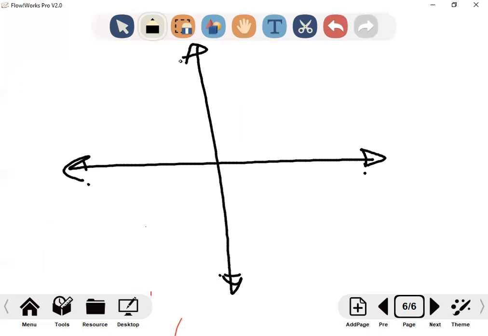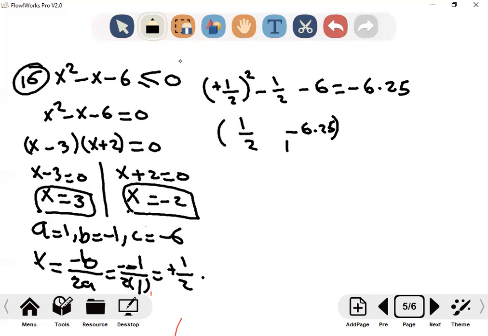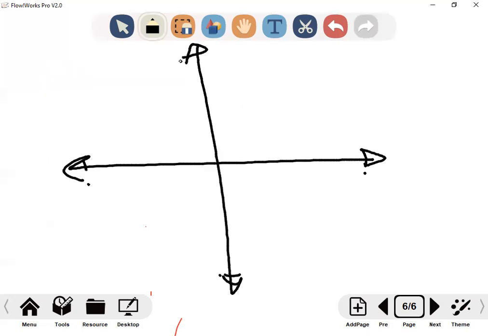First, we plot the vertex, right? The vertex is what? Half and negative 6.25. Half is between 0 and 1 here, right? Negative 6.25 is between negative 6 and negative 7, but close to negative 6, right? So if this is negative 6, down a little bit will be negative 6.5, right? So I'm talking about this vertex.